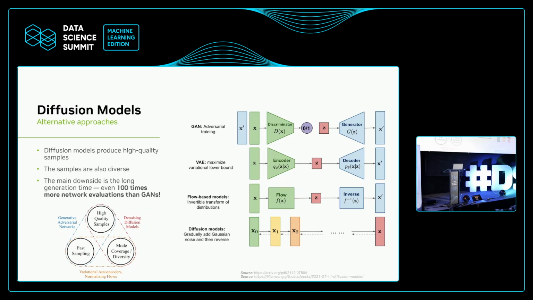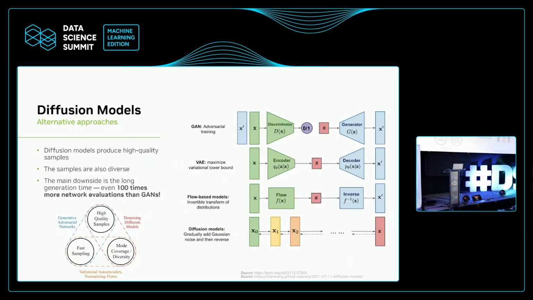We do not want to add noise to the image, but we would like to remove noise from the image. And that's how we generate our samples: we start from pure noise, and we gradually remove more and more noise using a neural network until we end up with the final image.